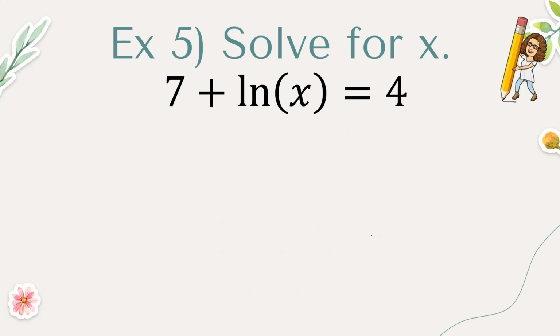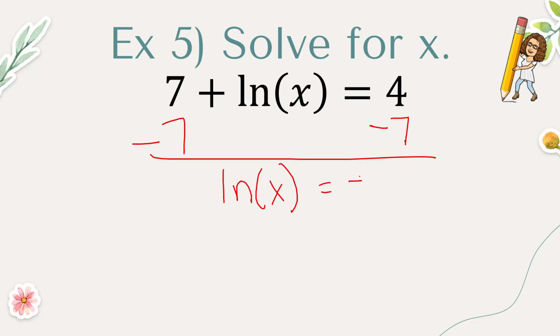Ooh, a natural log. So now we're going to have to get an e in there. But here's the thing. Do you see how we have 7 plus over here? We need to simplify this. We need to get this so it doesn't look scary. We need the log to be alone. So I'm going to first subtract 7 on both sides. Okay. So I'm going to get ln of x equals negative 3. Now, on this ln, remember ln has just a base of e right here.